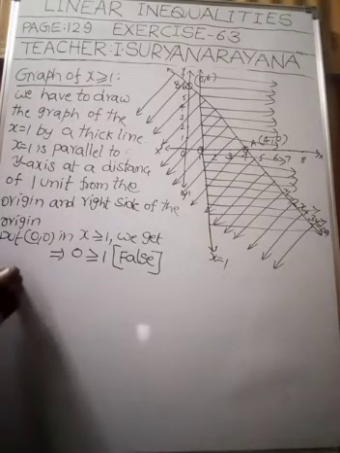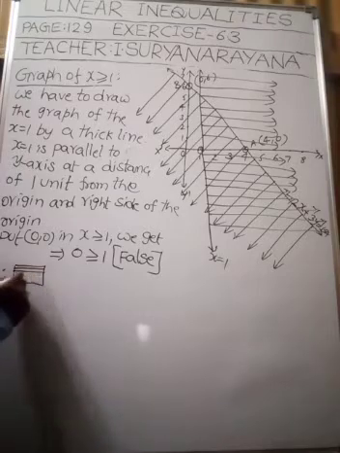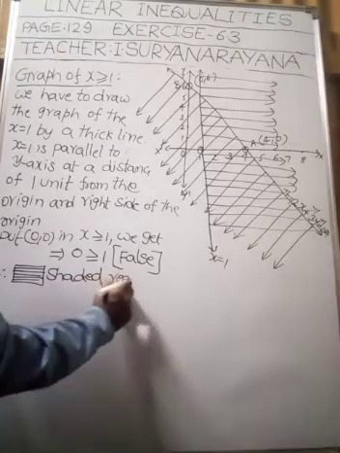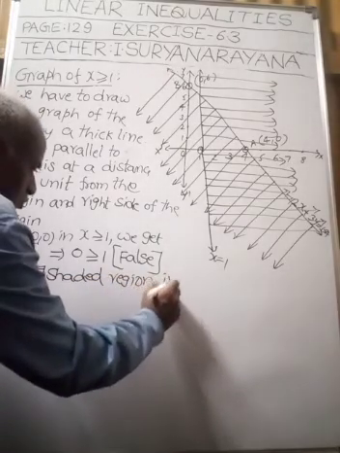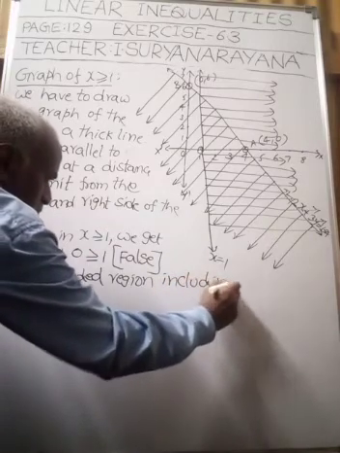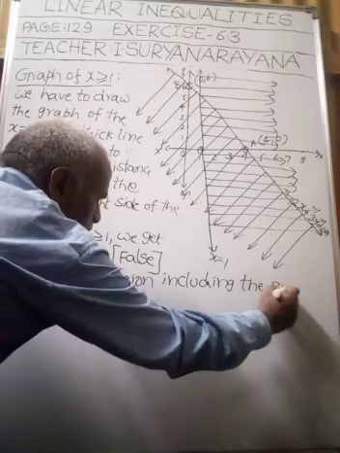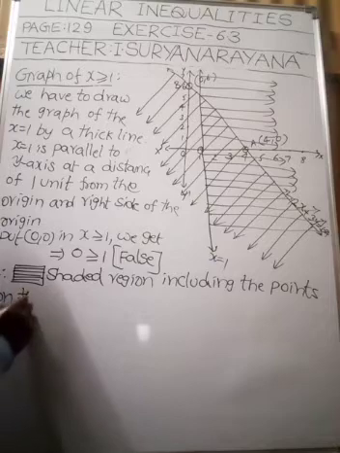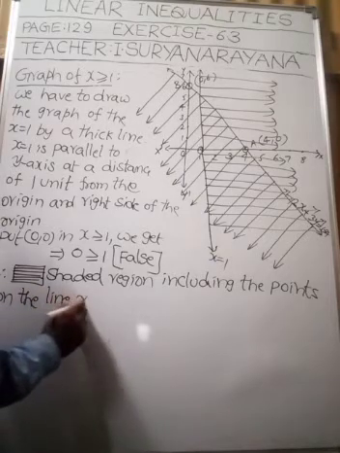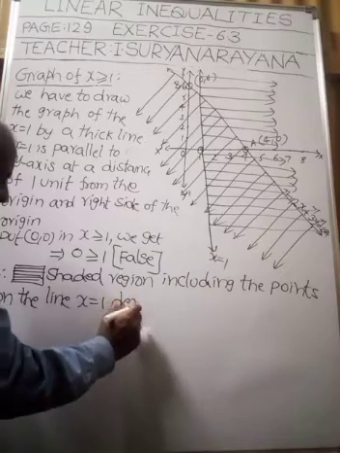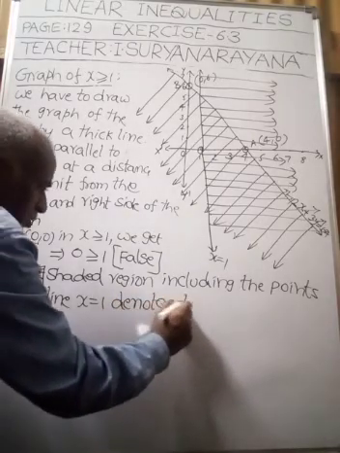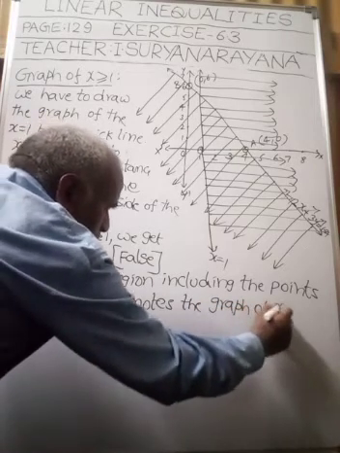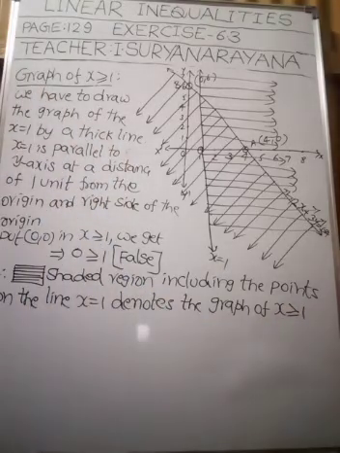Therefore, including the points on the line x is equal to 1 denotes the graph of x greater than or equal to 1.